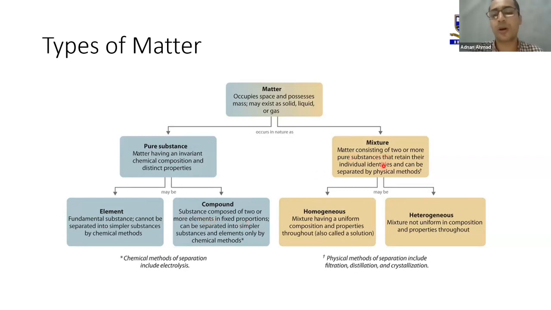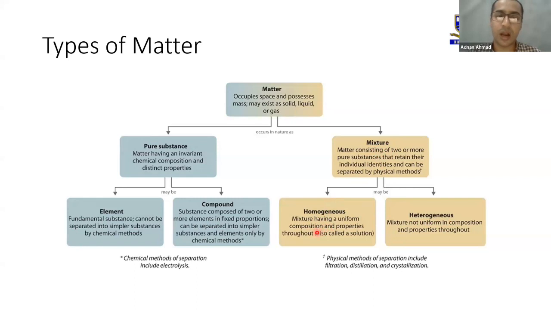So now let's talk about the further classification of impure substances, which are mixtures. We have two types of mixtures. We have homogeneous mixtures, and we have heterogeneous mixtures. So what are homogeneous mixtures?